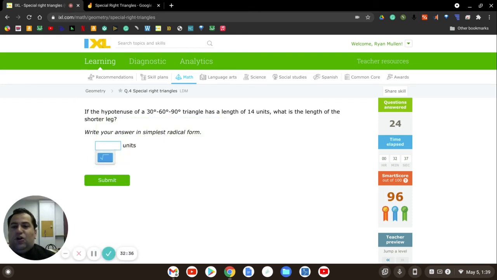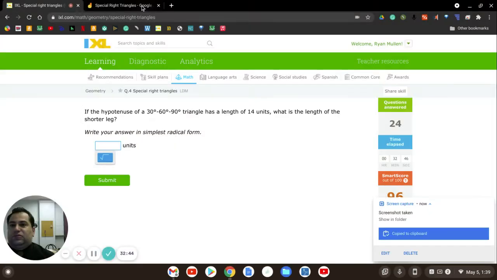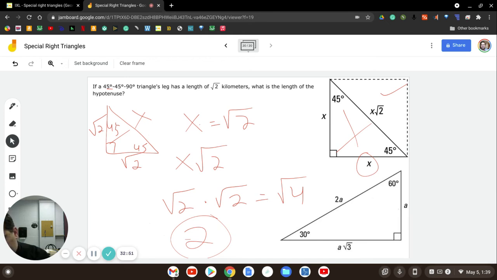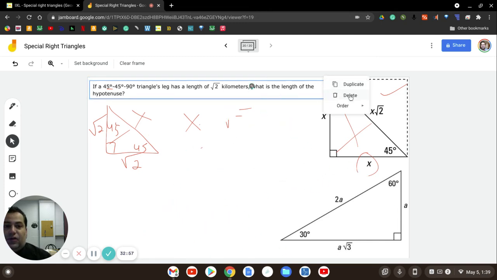All right. So we have a 30, 60, 90 triangle, with a length of 14 units, the hypotenuse. So let's take this.